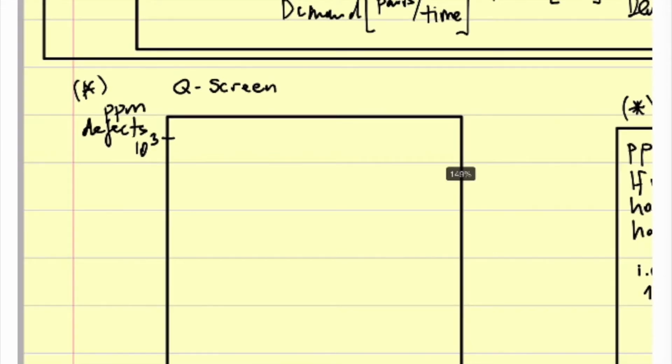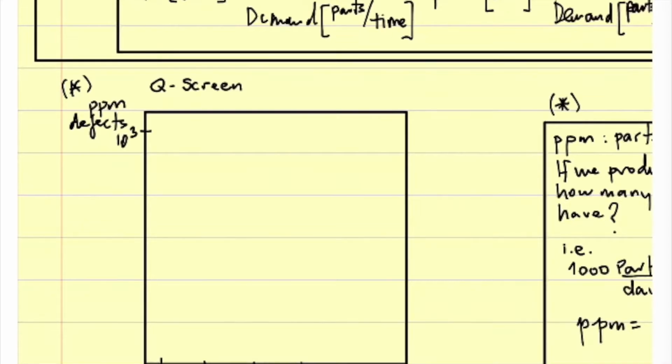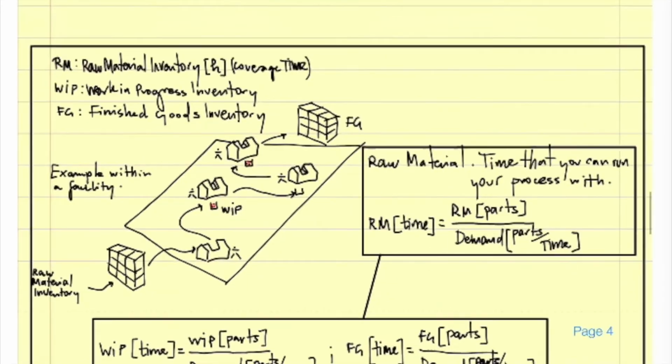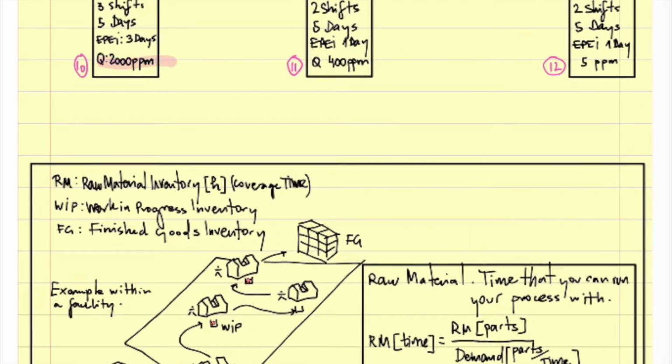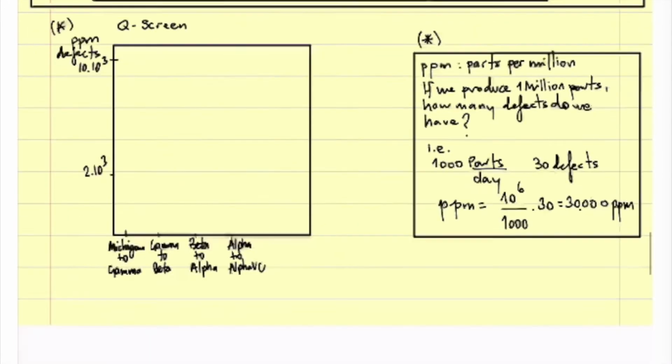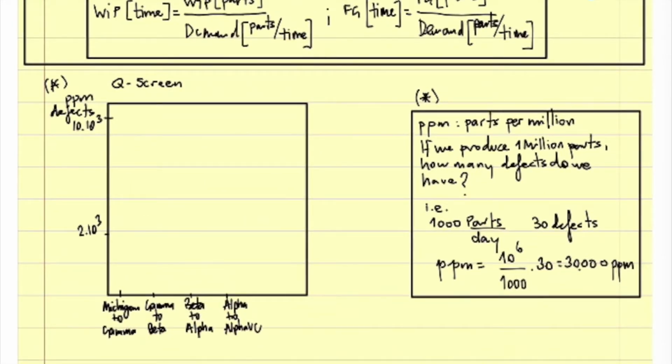Then we encounter 2000. Then what do we have? 2000 here. Then 400. Okay, here 400, which should be somewhere around here, and 5, which is almost nothing.